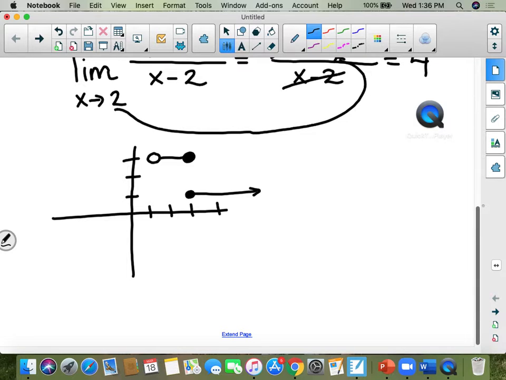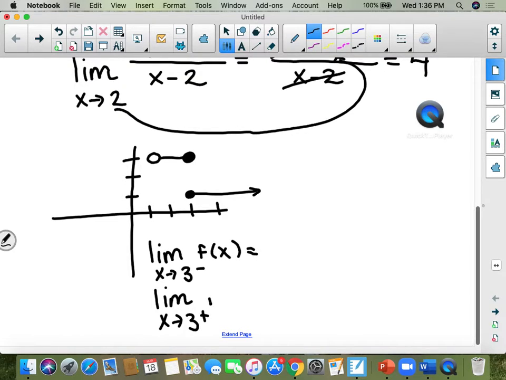And let's just do some. What is the limit as x approaches 3 from the left? Some f of x function. What is the limit as x approaches 3 from the right? Remember, this is f of x.